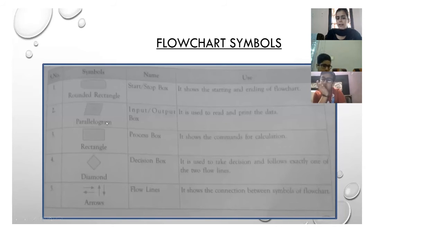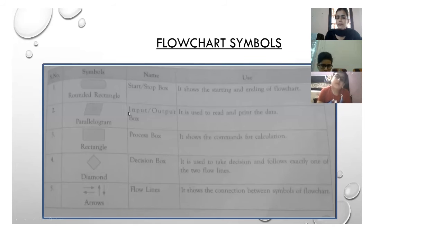Rounded rectangle, parallelogram, rectangle, diamond, arrows. These are the shapes of your flowchart symbols. I repeat, rounded rectangle, parallelogram, rectangle, diamond, arrows. These are the shapes of your flowchart symbols.